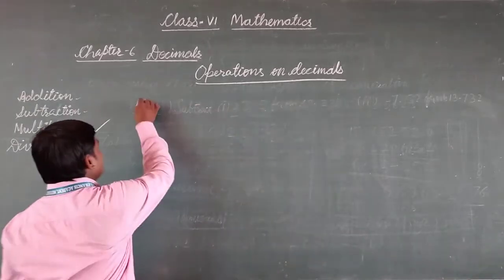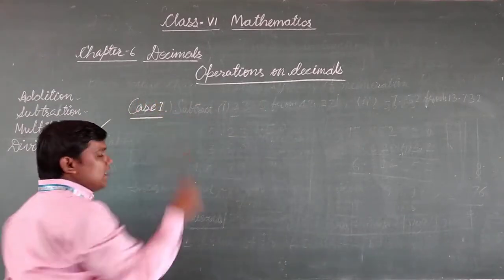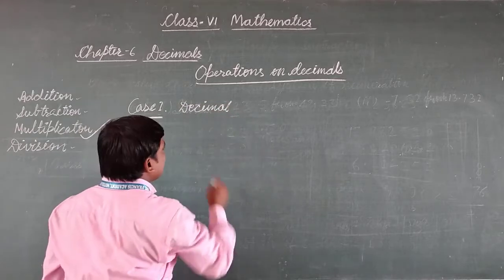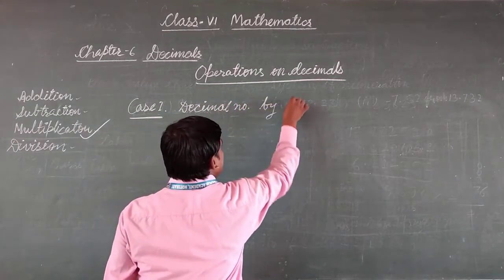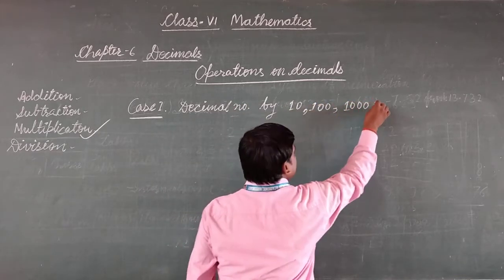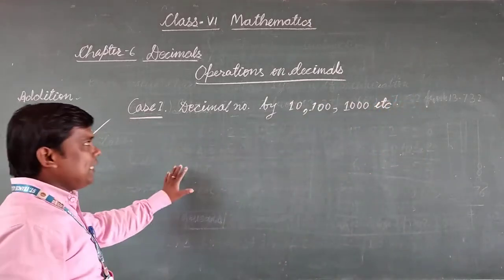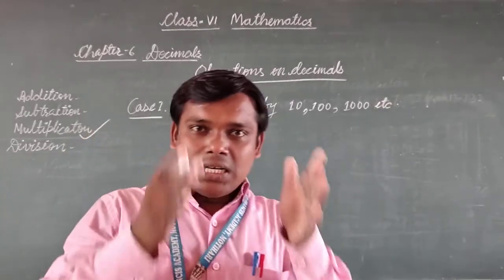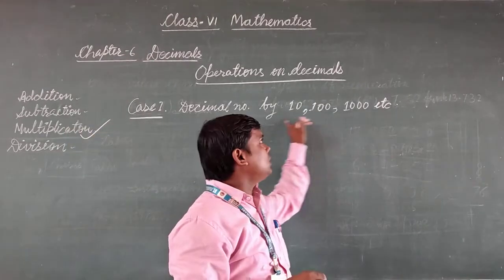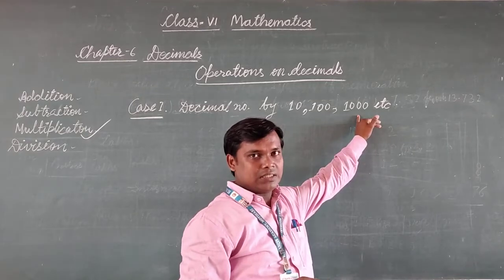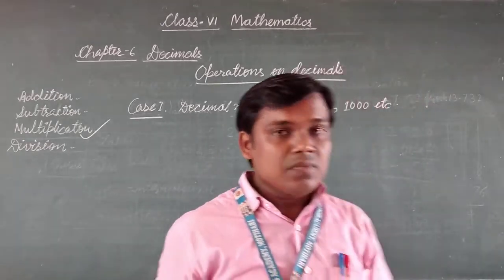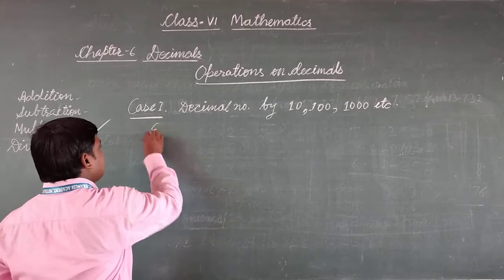For example, case 1: if we have to multiply a decimal number by 10, 100, 1000 etc., then we directly shift the decimal point to the right after counting the number of zeros in the multiplier. Try to understand with the example.